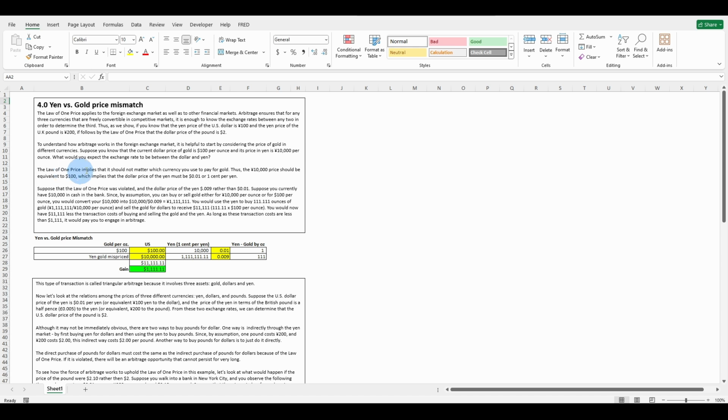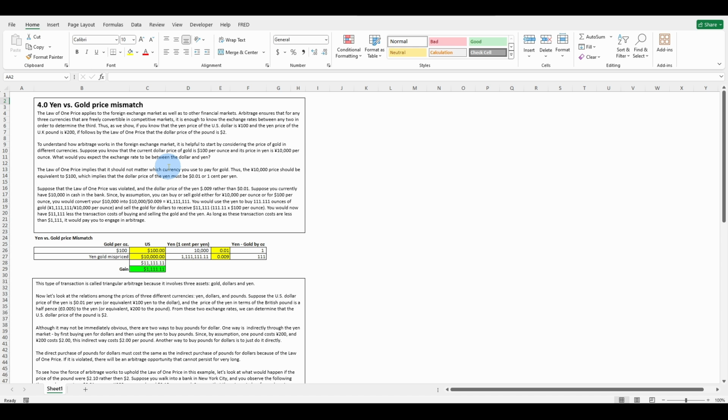Well, the law of one price implies that it should not matter which currency you use to pay for gold. Thus, the 10,000 yen price should be equivalent to $100. Why? 10,000 divided by 100, which implies that the dollar price of the yen must be 0.01, or 1 cent per yen.